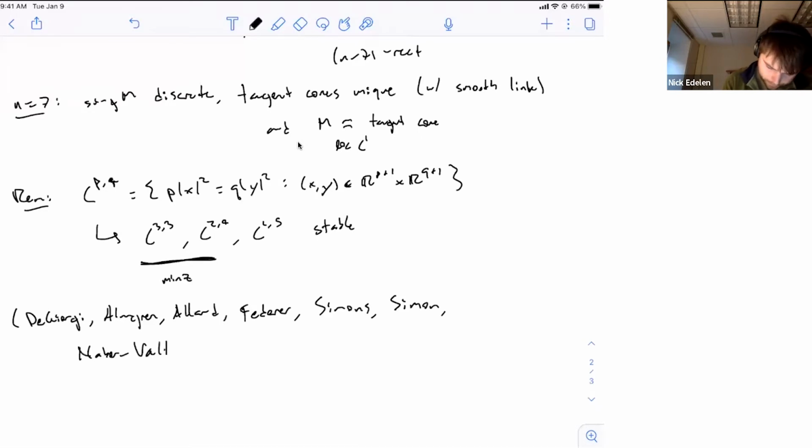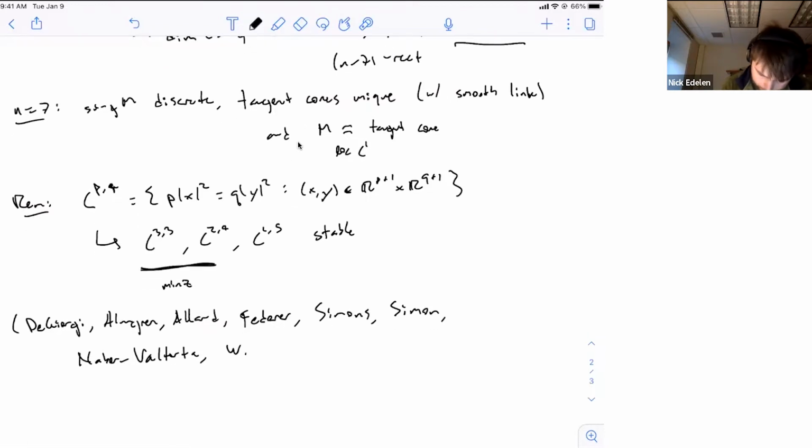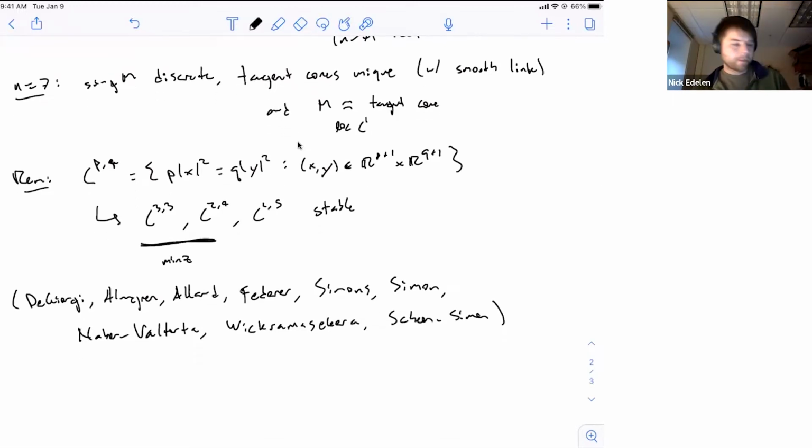Naber and Valtorta proved the area bound, and they gave another proof of rectifiability. And then Wickramasekera, and Neshon and Shane Simon, basically, all the stuff before that was morally for minimizers, and these last results extended it to stable guys.